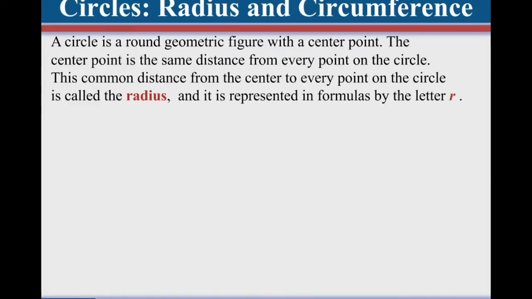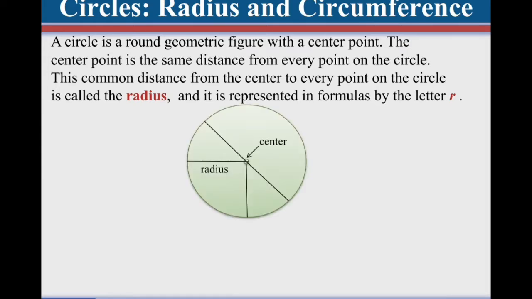A circle is a round geometric figure with a center point. The center point is the same distance from every point on the circle. This common distance from the center to every point on the circle is called the radius, and it is represented in formulas by the letter r. So r represents radius in formulas.